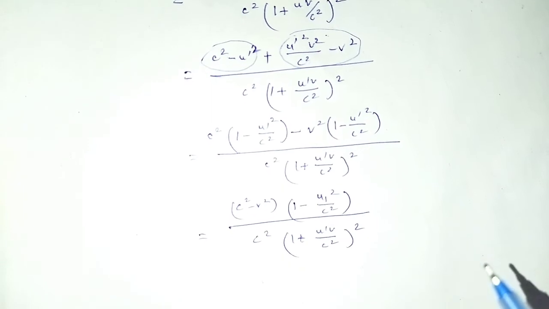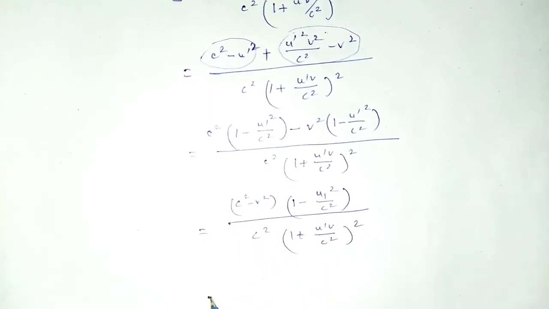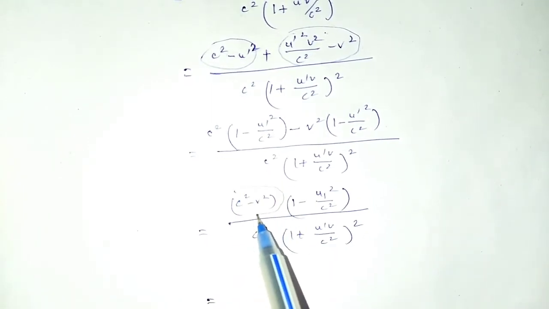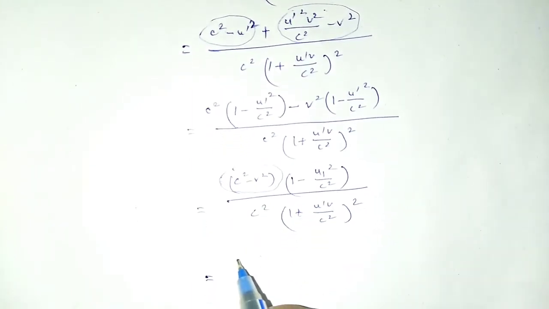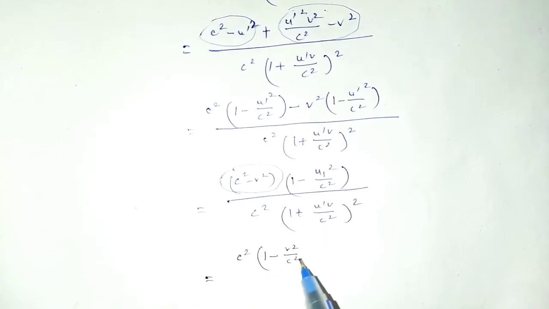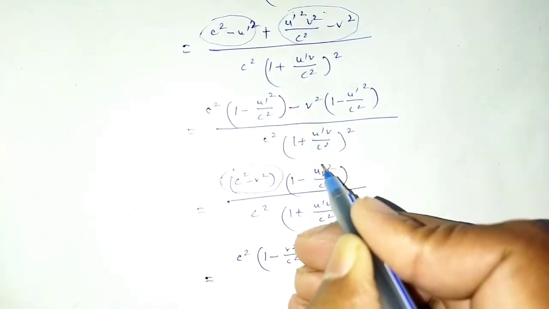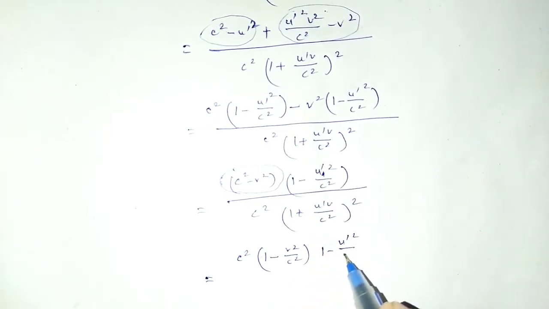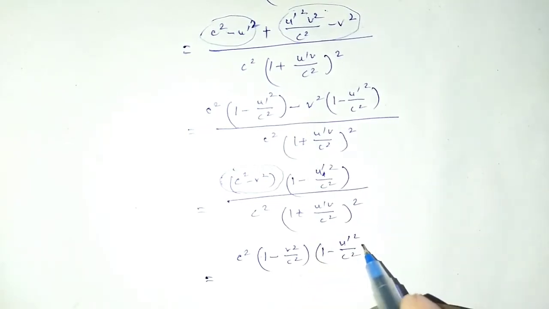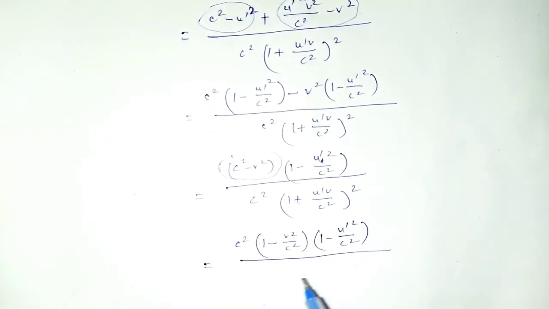Here again we take c square as common in that term, that is 1 minus v square by c square, and that term 1 minus u dash square divided by c square, whole divided by c square of 1 plus u dash v divided by c square whole square.